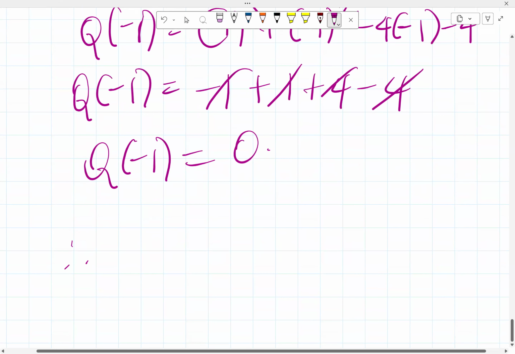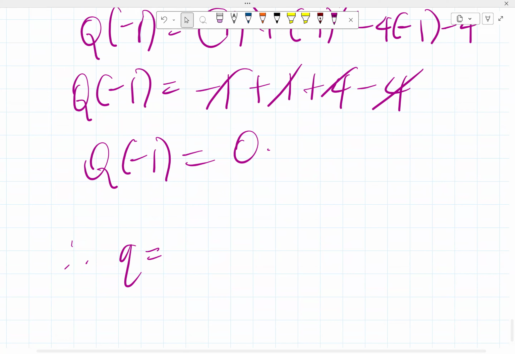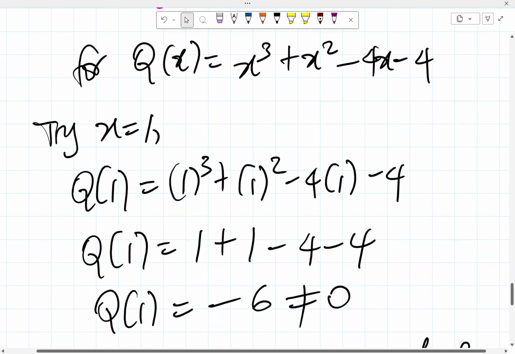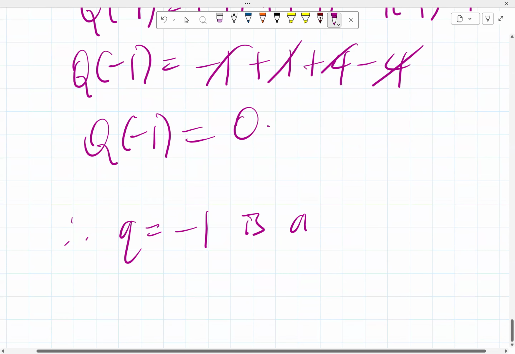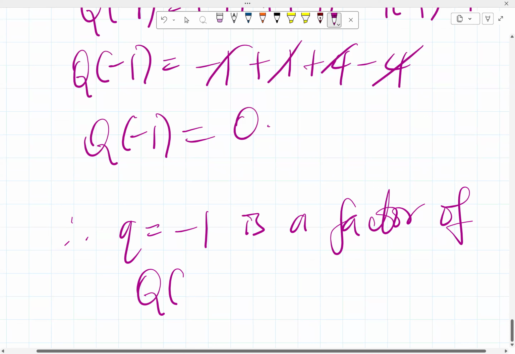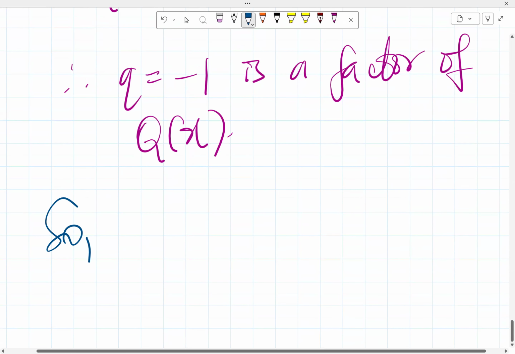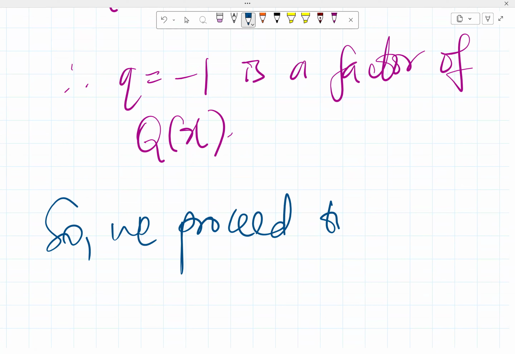So therefore, x equals minus 1 is a factor of q of x. Okay. So now we proceed to do a synthetic division.